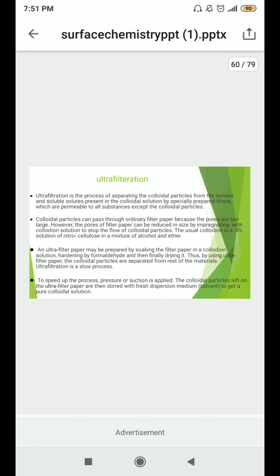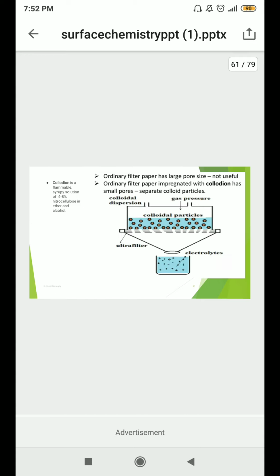To speed up the process, pressure or suction is applied. Because the pore sizes are very small, the movement through it on its own will take time. So to speed up the process, either we apply pressure or we do it through vacuum. The colloidal particles left on the ultrafilter paper are then stirred with fresh dispersion medium to get a pure colloidal solution.